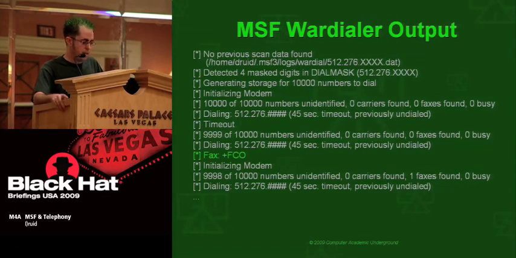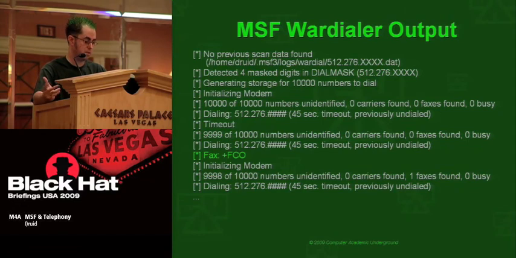Basically, it runs like this. If you start it up and you've never scanned this prefix before, it'll create your Ruby database, and then it'll detect the masked digits in your dial string and generate that many records in the database for it to use. So as soon as you dial, it's got all of the numbers in this database, whether you've identified them or not.